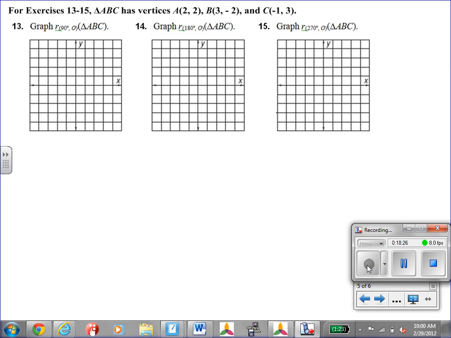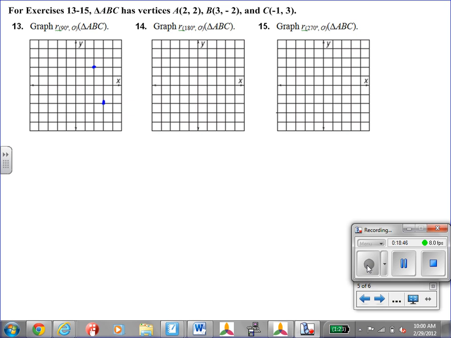Okay. On this, you need to graph triangle ABC, and they give you the points. So let's put the points on there first. You've got, this is really hard to see, isn't it? 2, 2. Right here, that's going to be A. Then you've got 3, -2, which would be right here.